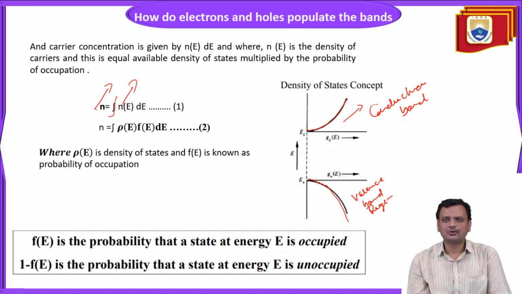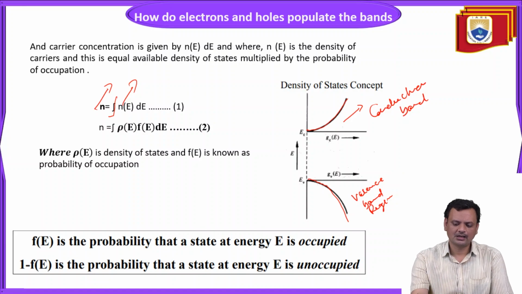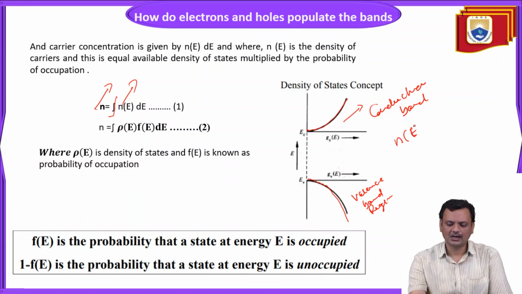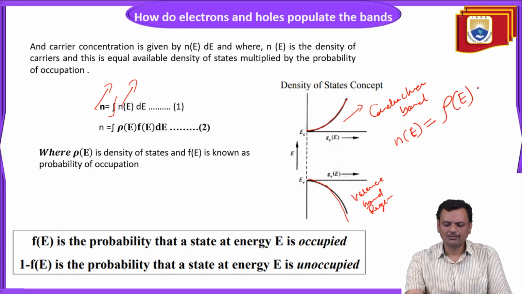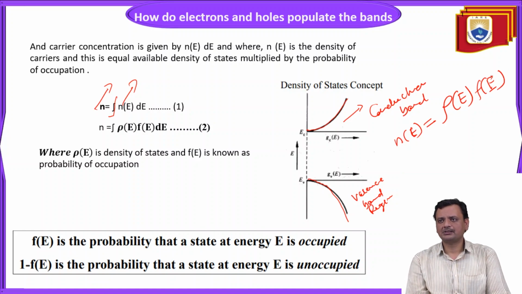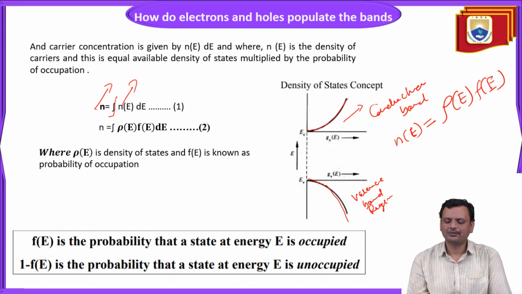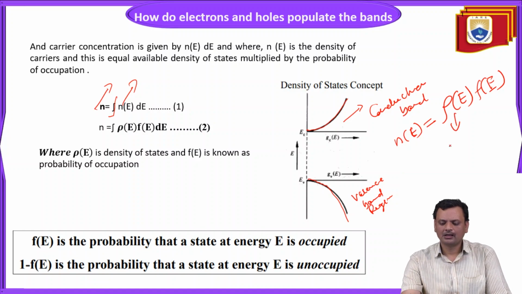So N, the total number of available charge carriers, is equal to the integral of n(E) dE. I already discussed this in the last video. You know that n(E) is equal to rho(E) multiplied by f(E). And this rho(E) is nothing but the density of states.